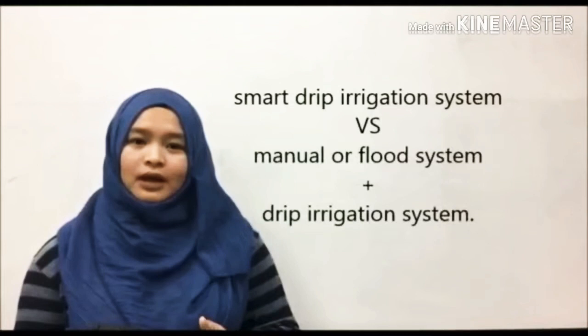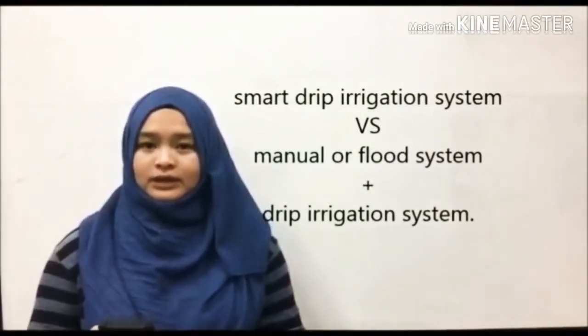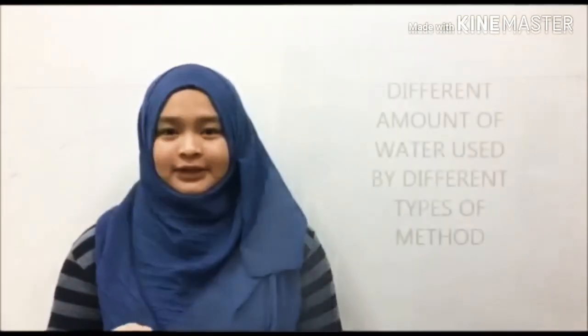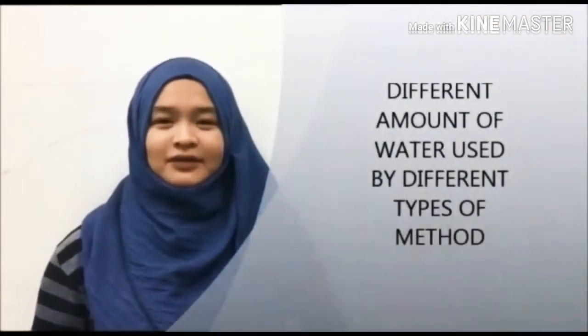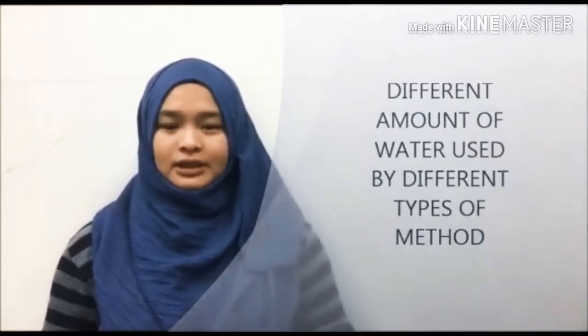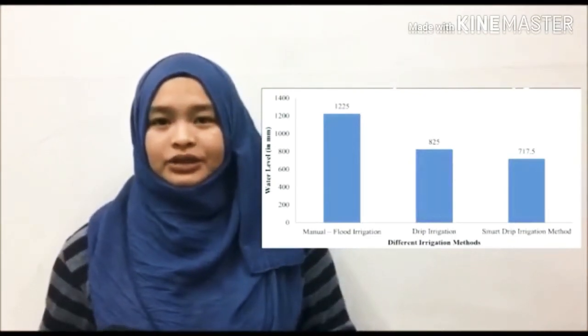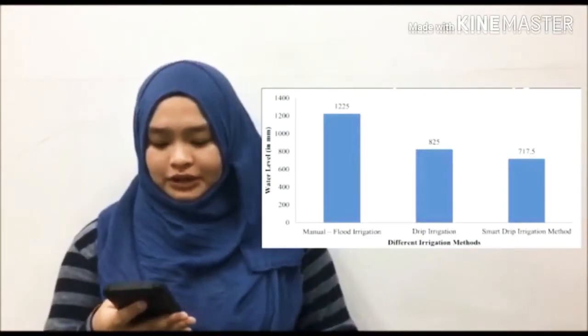So this study was comparing the smart drip irrigation system with other existing systems, for example, manual or flood system and drip irrigation system. This figure here shows the different amount of water used by different types of irrigation system, which is manual or flood irrigation, drip irrigation, and smart drip irrigation.